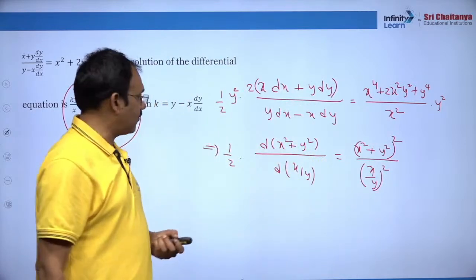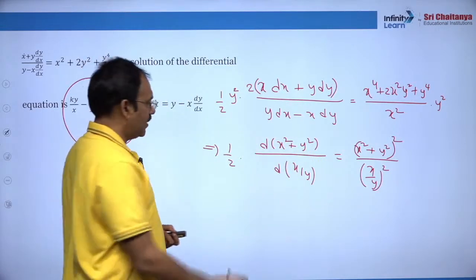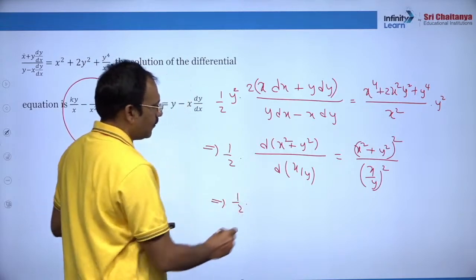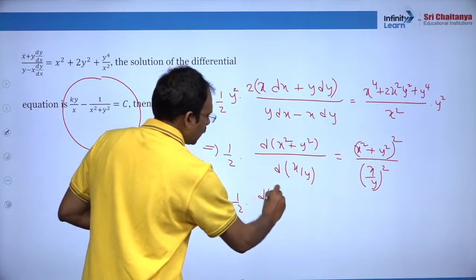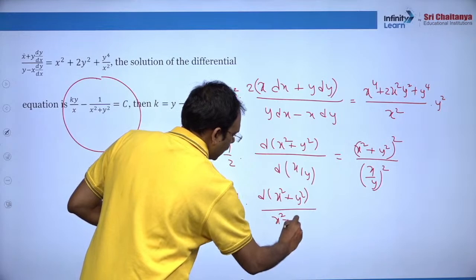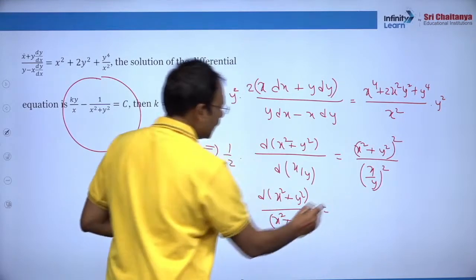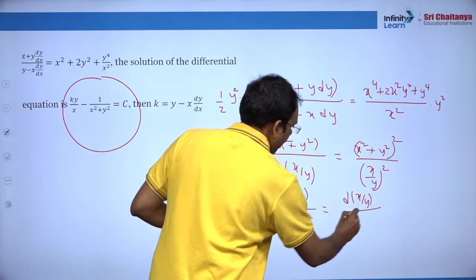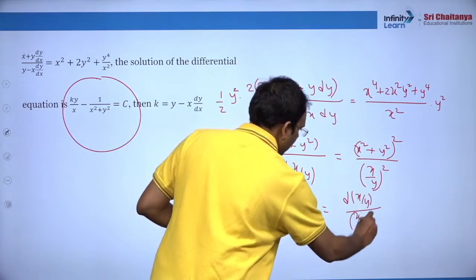Now you can comfortably do variable separable and integrate. d of x square plus y square by x square plus y square whole square is equal to d of x by y by x by y whole square.